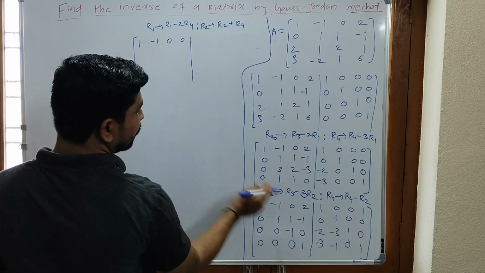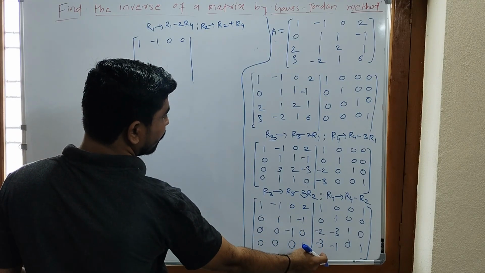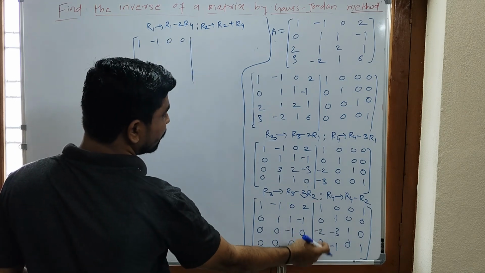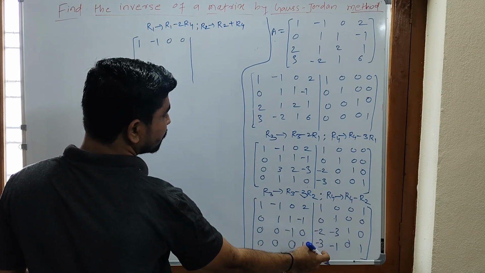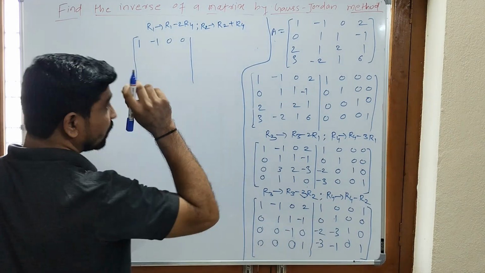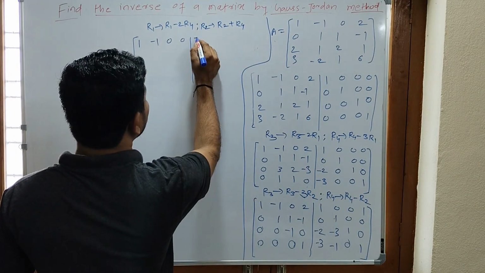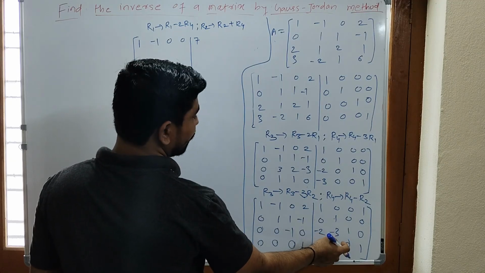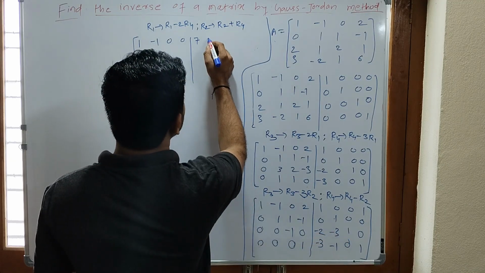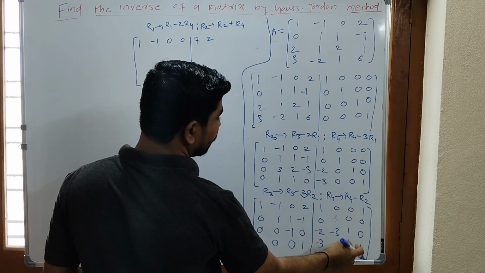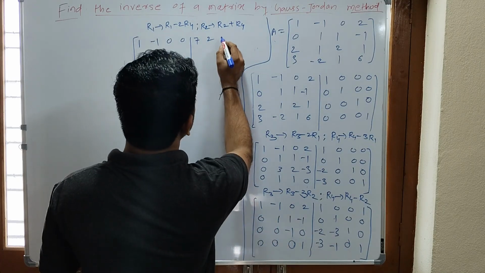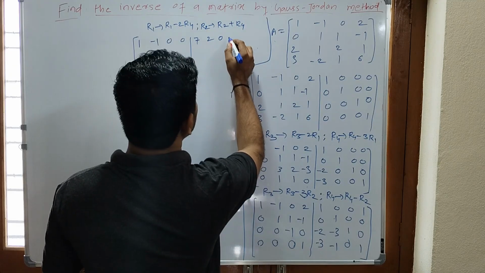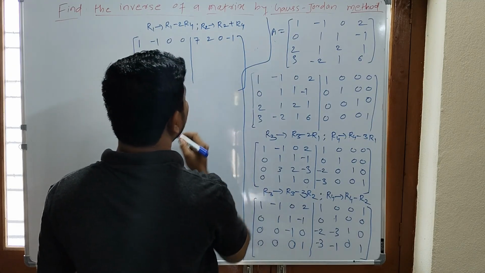Now here first row 1 minus 2 times R4, 1 minus plus, this is here 6, that is 7, here 0 minus plus 2, here simply 2, here 0, 0, simply 0, and here 1 minus 2, that is simply -1. Here I will write.